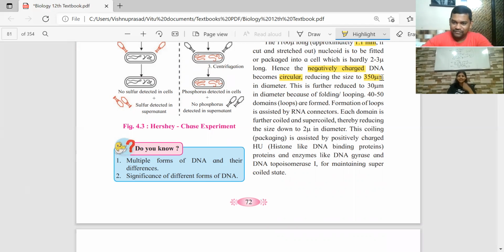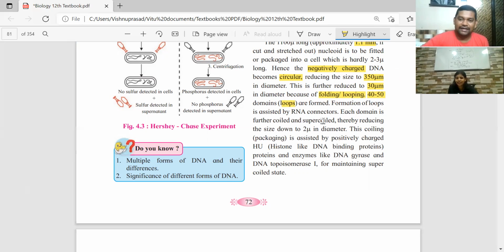Then this circular DNA undergoes something called folding or looping, जिस वजह से और छोटा हो जाता है, it comes down to 30 micrometer. अब ये जो looping हुआ, इस तरह से 40 to 50 such loops are formed.